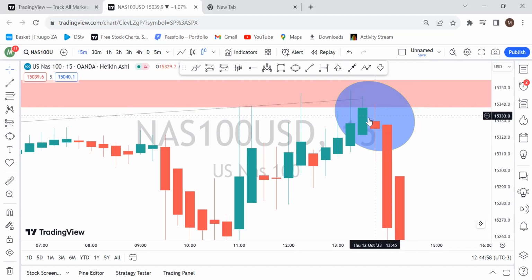But it's still regarded as important because this is a reversal candlestick, right? As you can see, it's smaller than the previous candlestick, which was a bullish one.